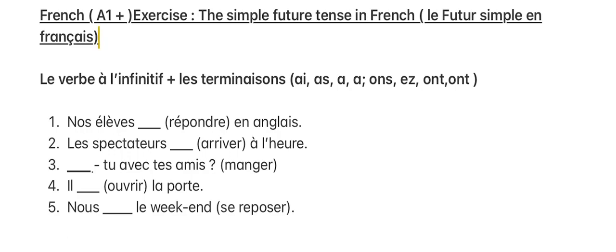To make the simple future tense or le futur simple en français, we use the formula, that is, we take any given verb in its infinitive form, that is, we do not conjugate the verb, it remains as it is, and we simply add the endings, that is ai, as, a, ons, ez, ont. We choose the appropriate endings with respect to the subject or the subject pronoun.